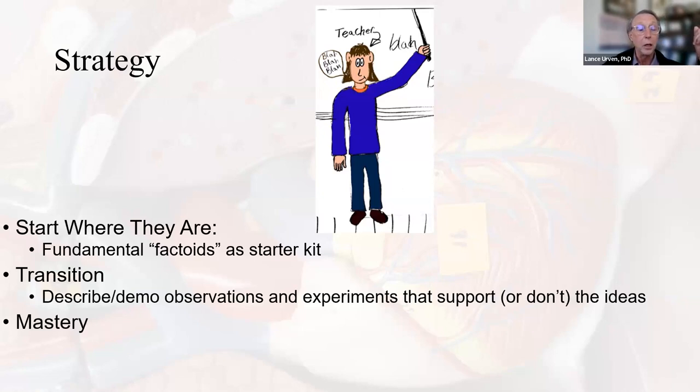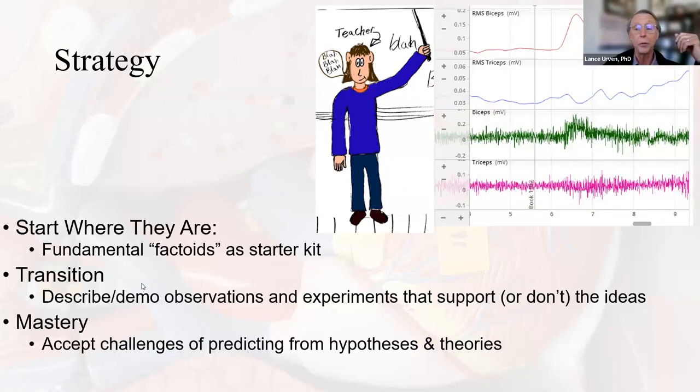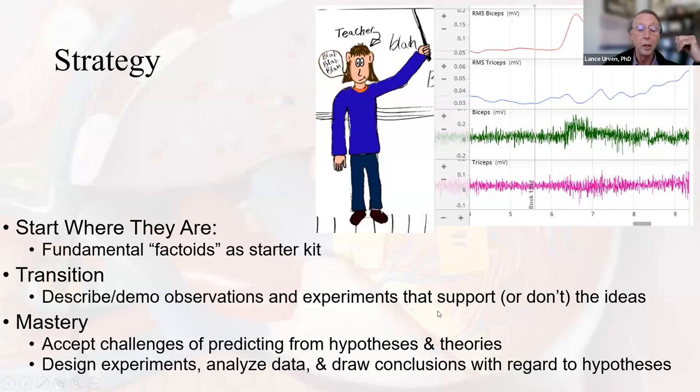And then for success, I feel I've seen success if we get to this level. If they at least accept this idea that they can make hypotheses, and they can make predictions from those hypotheses, and theories as well. And then what can they do with those?